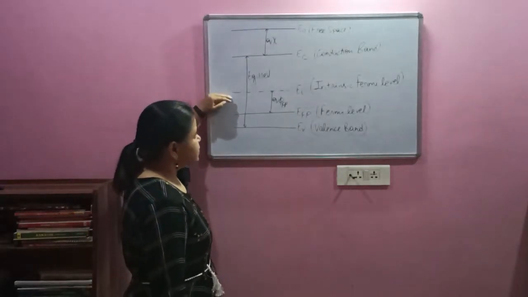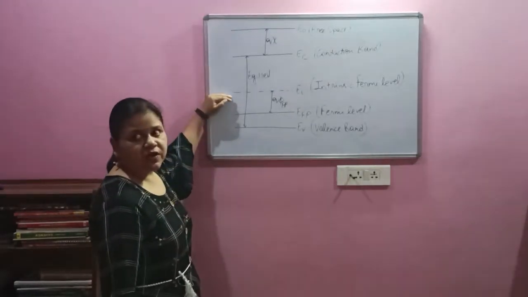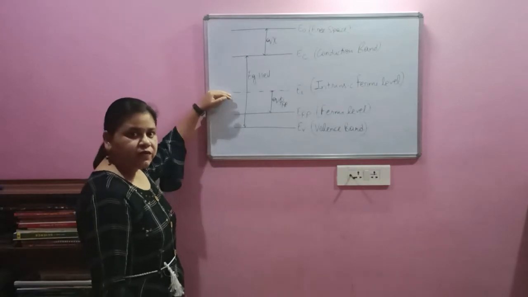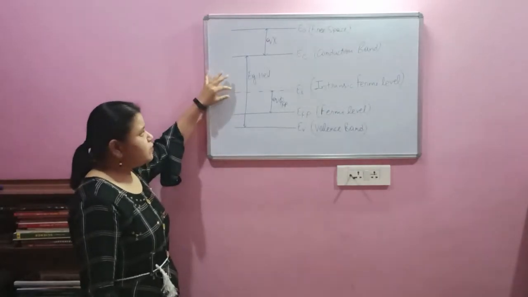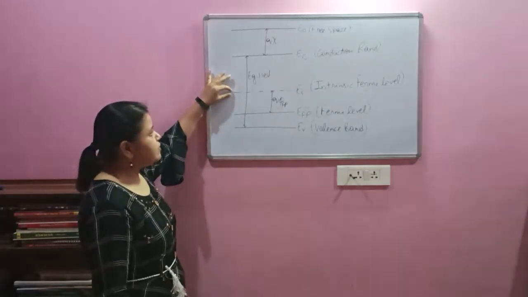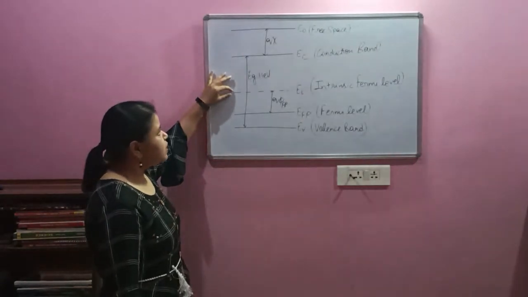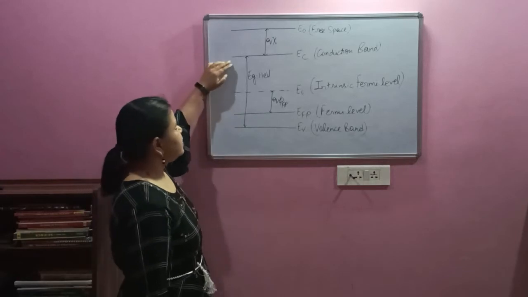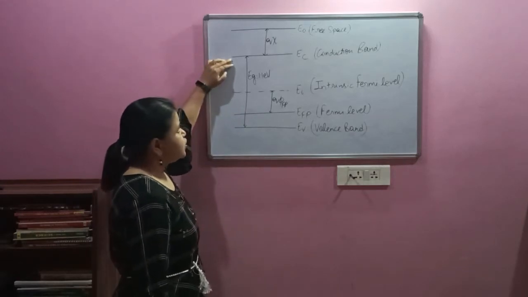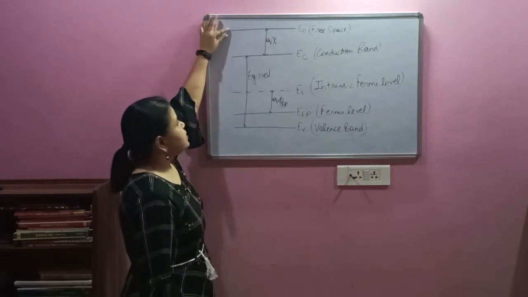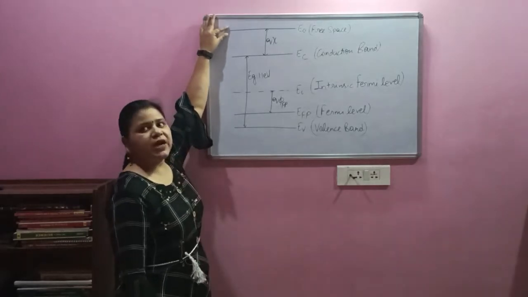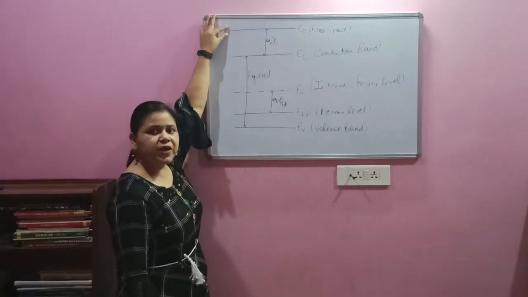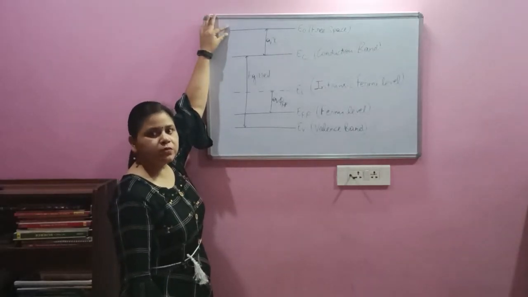Above that we have an intrinsic Fermi level, as this intrinsic level is the midpoint between the conduction and the valence band. And then the conduction band, and the topmost layer of the band diagram is the free space band, which is also known as the vacuum level, denoted by E naught.